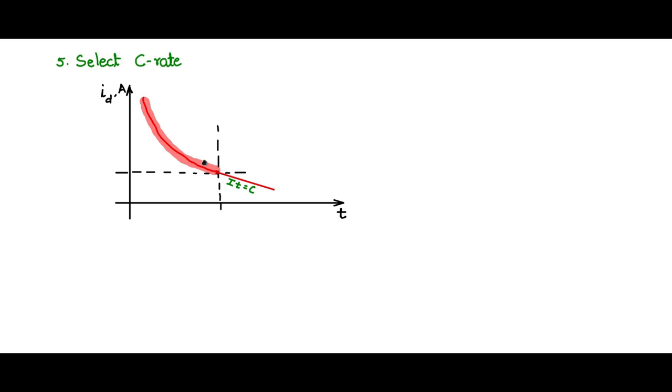Now that relationship is I square T is equal to C, the capacity here.